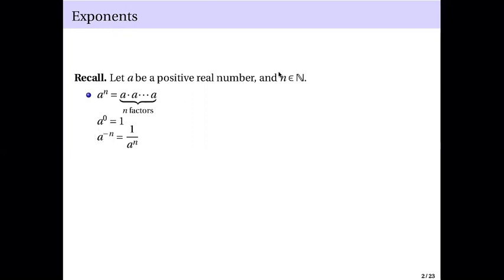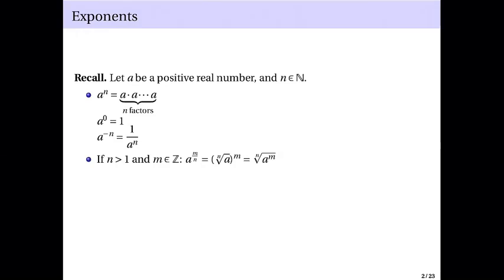So again, take note, n is a positive integer, so negative n is a negative integer. So a raised to negative n, we defined it to be 1 over a to the n. So if we have a negative exponent, we put it to the other side of the bar for your fractions.